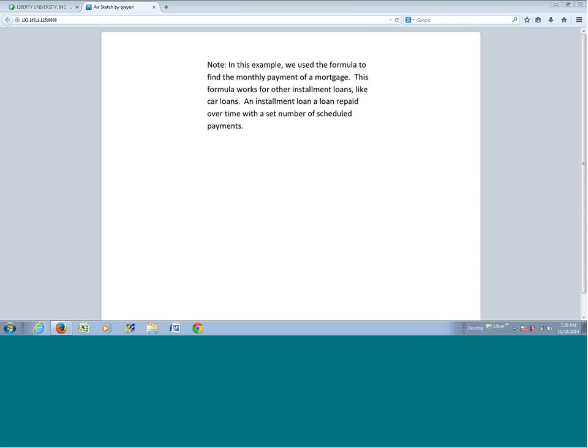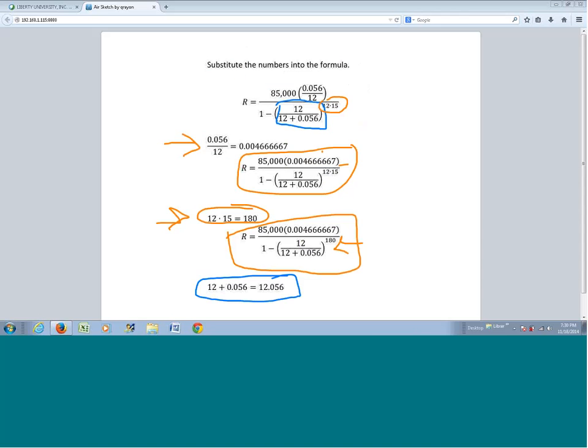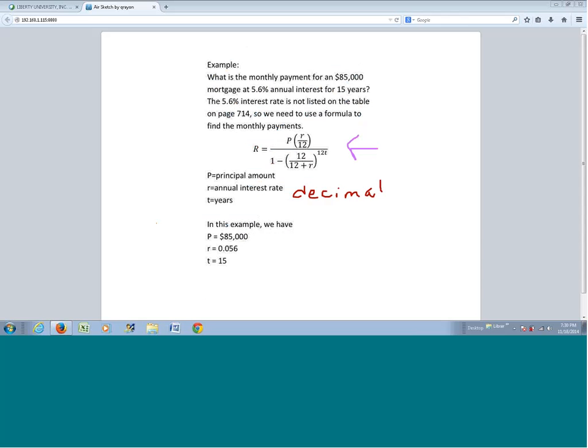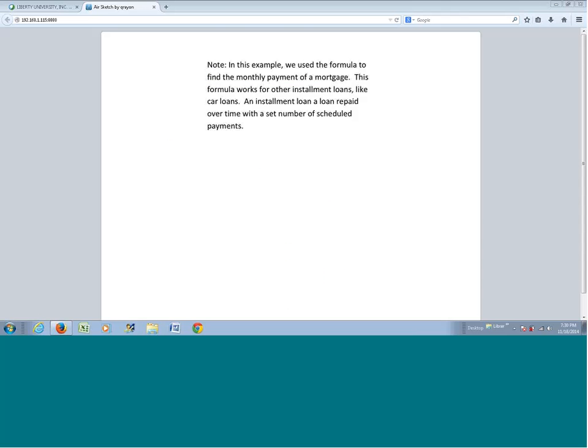So an installment loan could be a mortgage, could be a car loan. This formula that we started off with, way at the beginning, can be used for other installment loans. A mortgage, car loans, or any other installment loan. So it's good to know that if you run across other types of installment loan problems, and you need to know the monthly payments.